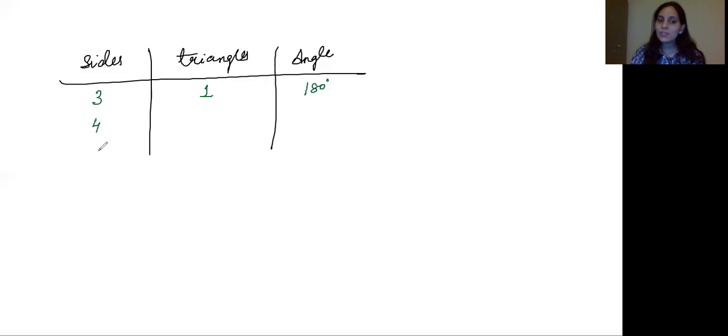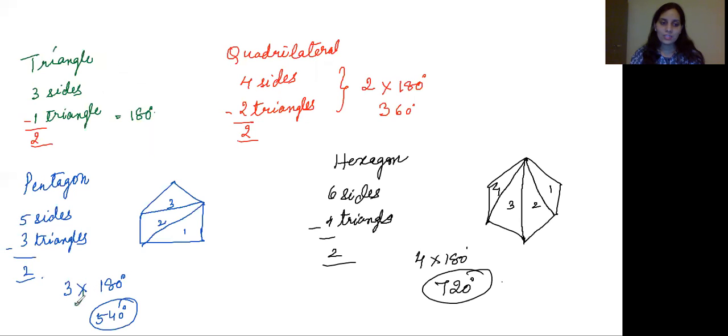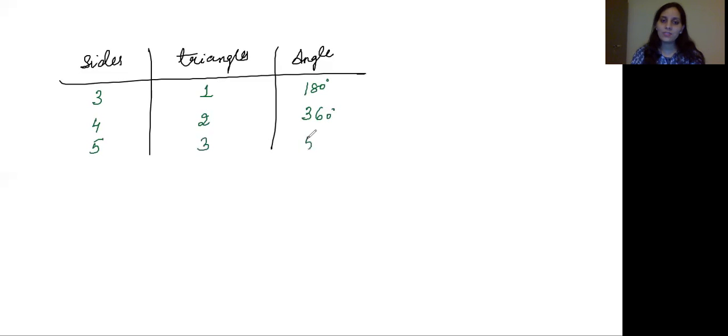If I increase to 4 sides, the number of triangles for a quadrilateral we have seen is 2, and the measure is 360. If I consider 5 sides, the number of triangles is 3, and the measure is 540. Similarly, if I take 6 sides, the number of triangles is 4 and the measure is 720, and so on.